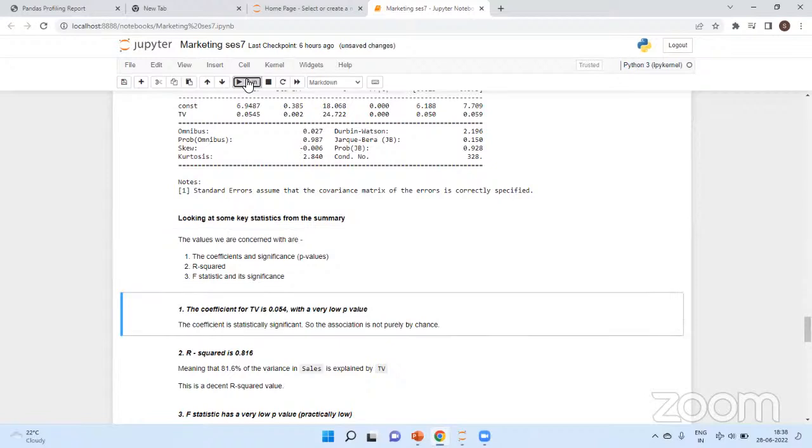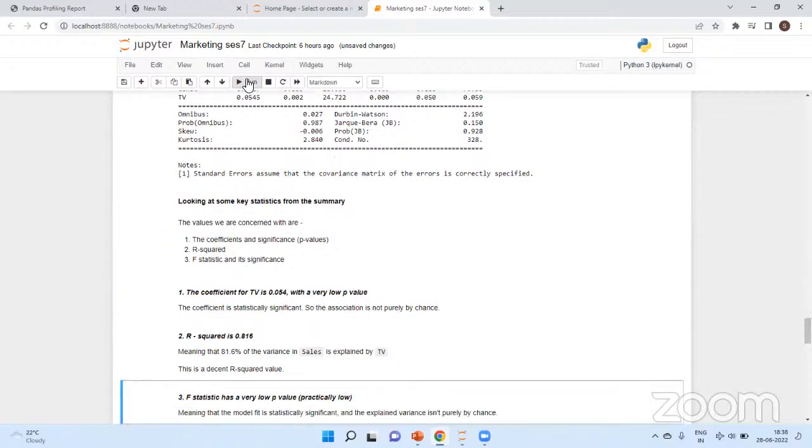Coefficient of TV is 0.054 and R-squared is 0.816, meaning that 81% of the variance in sales is explained by TV.